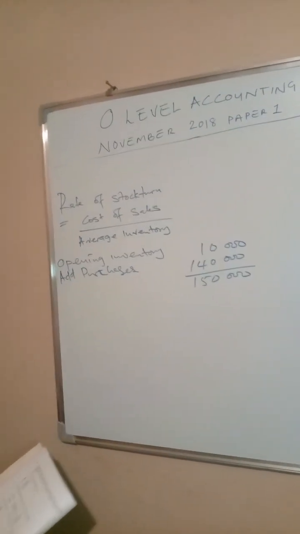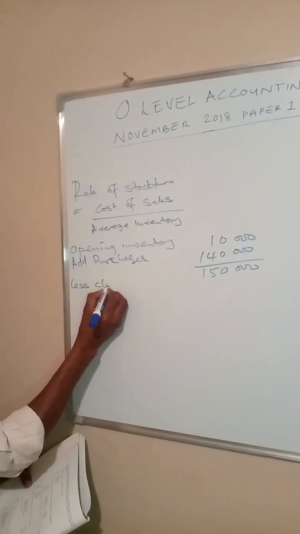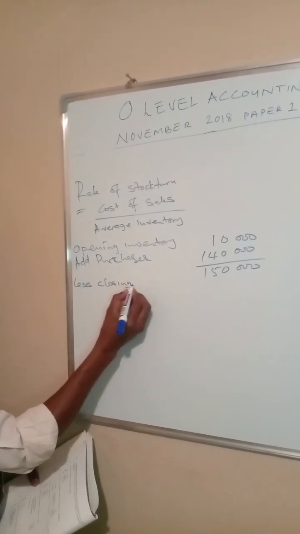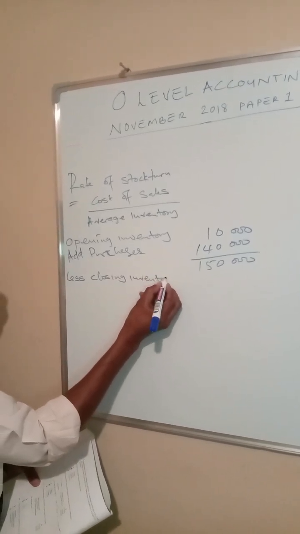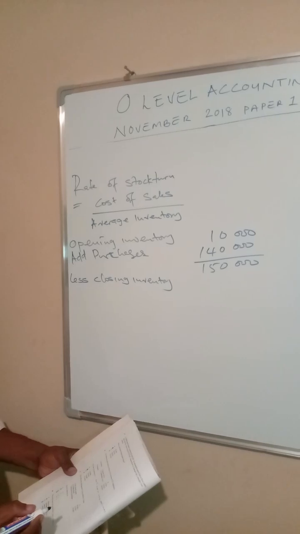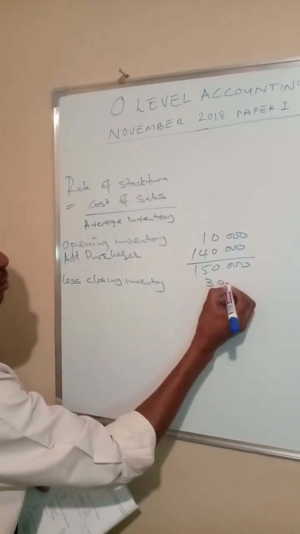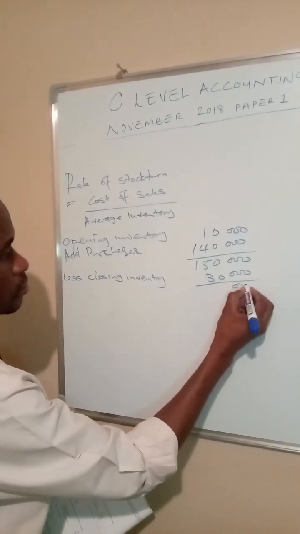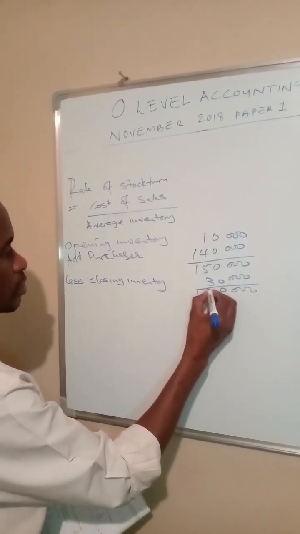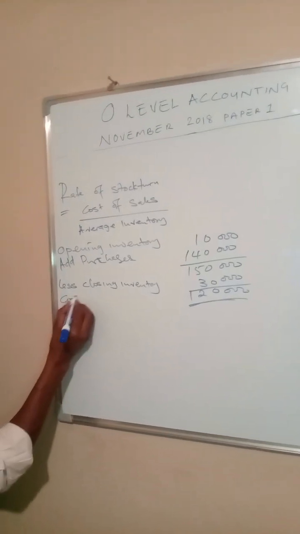Get 150. From that 150 we less closing inventory. Closing inventory is given as 30,000. Thus we have 120,000 is our cost of sales.